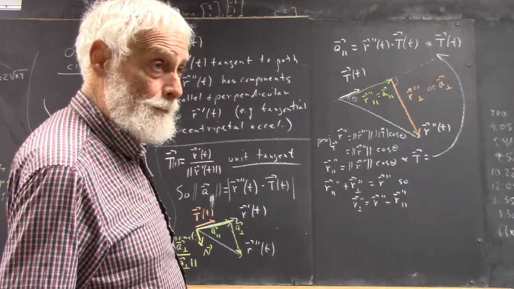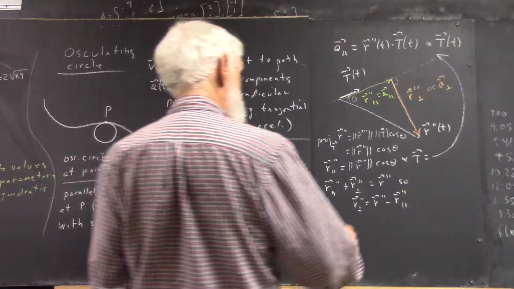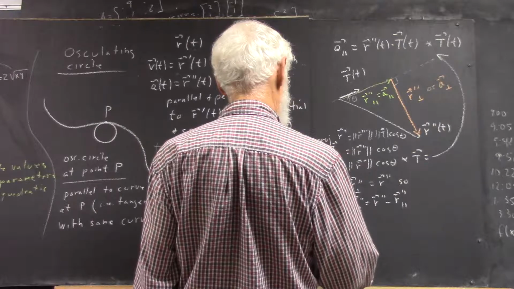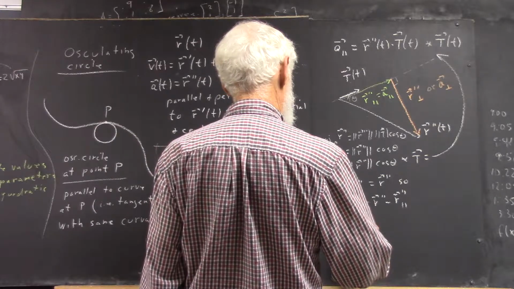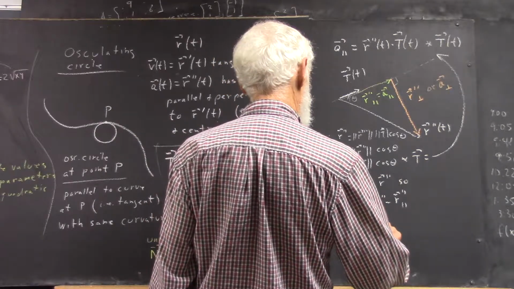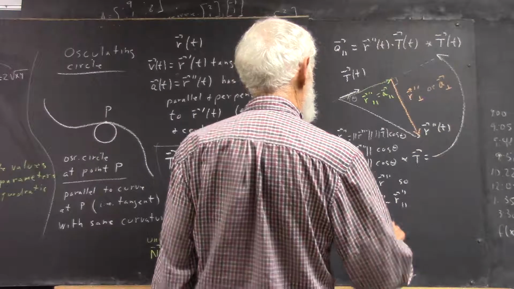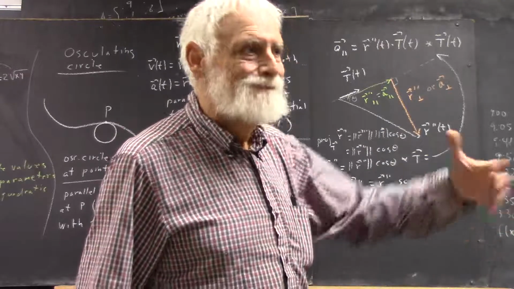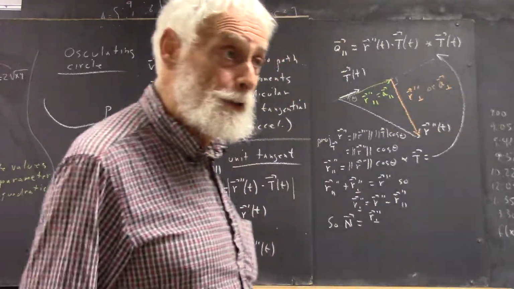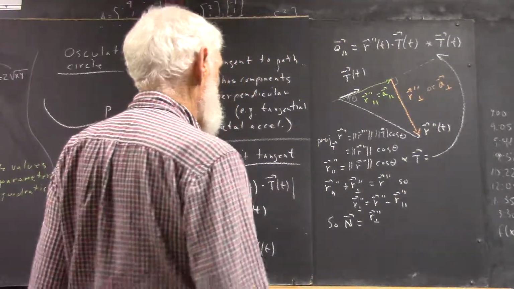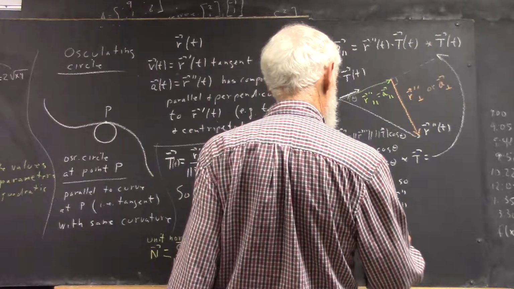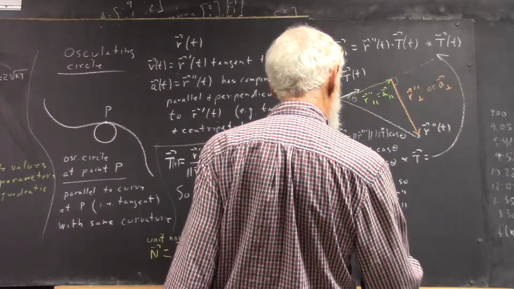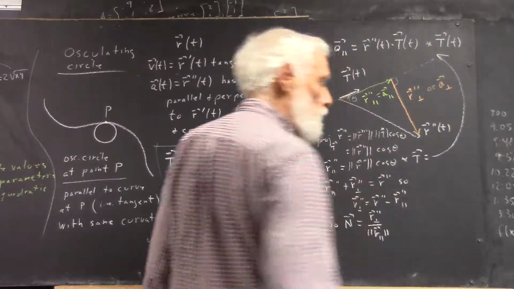So it's obvious from the sort of picture as well, but just to be sure, that r double prime perpendicular equals r double prime minus r double prime parallel. Okay? And then N is the unit vector perpendicular to motion and aimed at the inward direction, right? So r double prime perpendicular over its magnitude is a unit vector with all the properties I just mentioned.